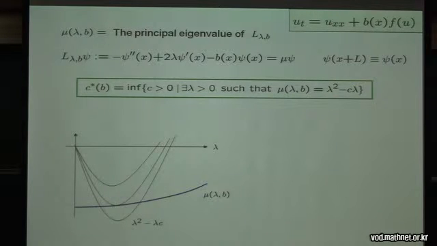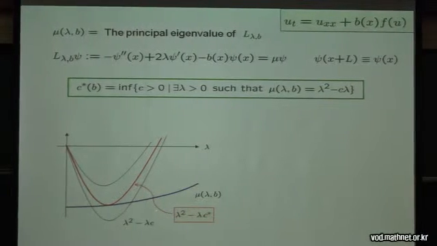So this one is the parabola for C equals C star. For C smaller than C star, there is no intersection, so therefore it is outside of this set. So this is how C star is characterized.